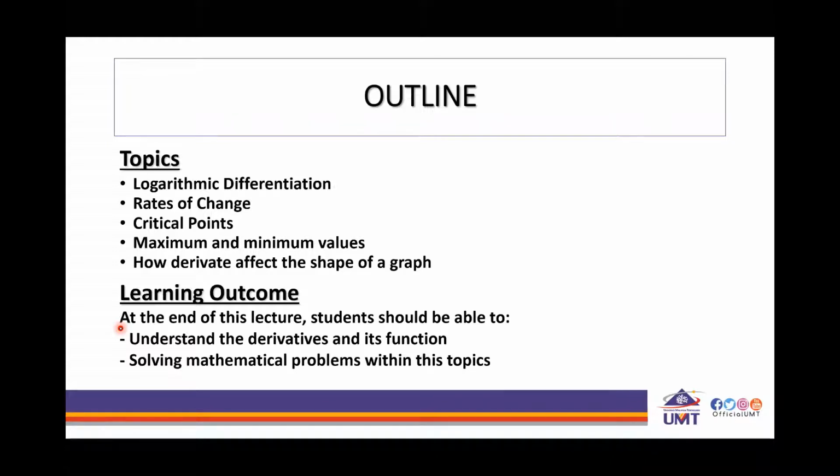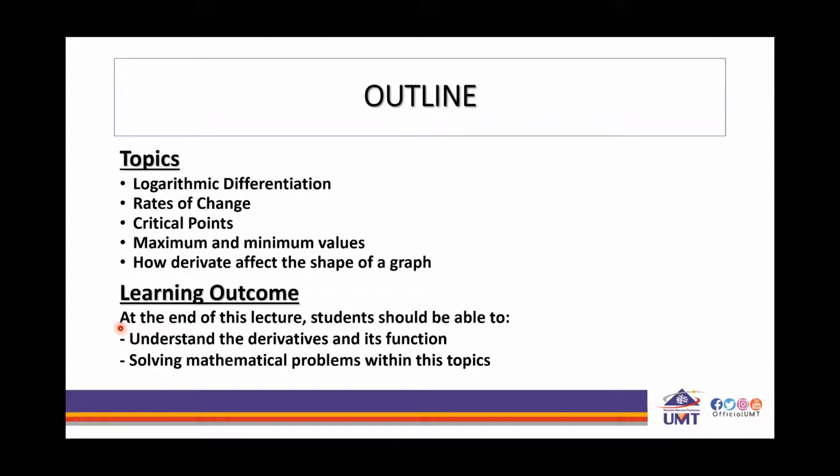Functions that involve graphs, shaping, maximum and minimum values. Later we will look at absolute optima, things like that. Critical points, rate of change. This is all what derivation is about.